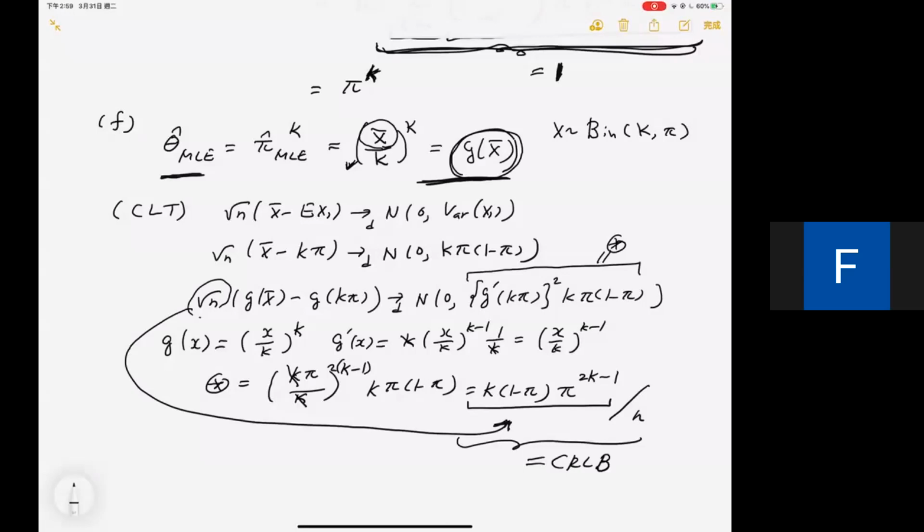You will find this out really regularly in the future when we're working on MLE even further. That's why we like MLE so much, because asymptotically the MLE is going to have the smallest variance among competing ones.